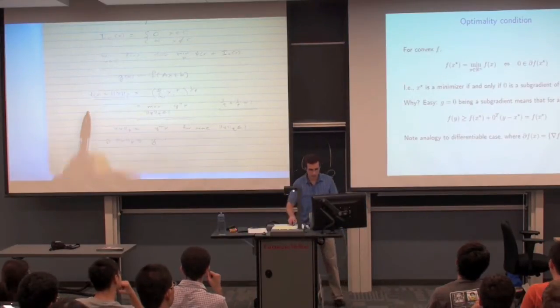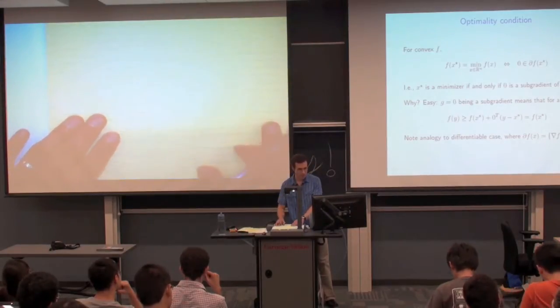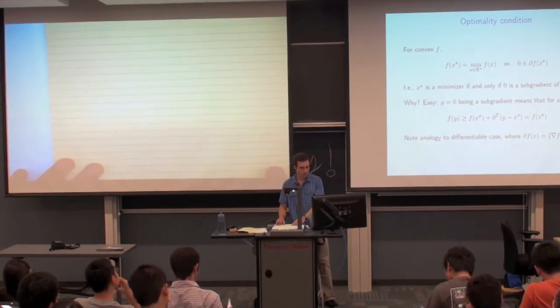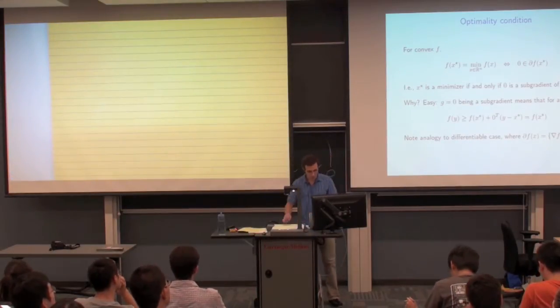So here's an optimality condition. It's our first peek at optimality conditions. We're going to get to a suite of conditions called the KKT conditions a little later in the course. But here's our first peek.